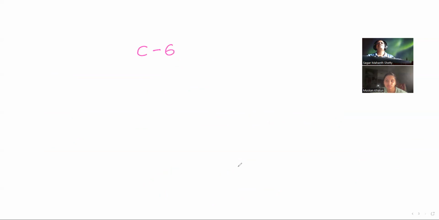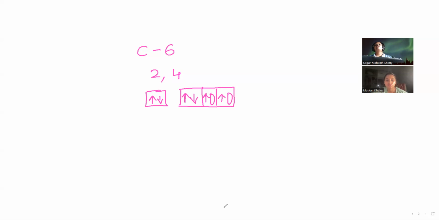Carbon has an atomic number of 6, so the electron distribution would be 2 and 4. In this 4, two would be paired like this, and the distribution goes like this: 1, 2, 3, and 4. So I have two orbitals which have unpaired electrons in them. I think you explained this last time. Yes, now I have to go a step further.